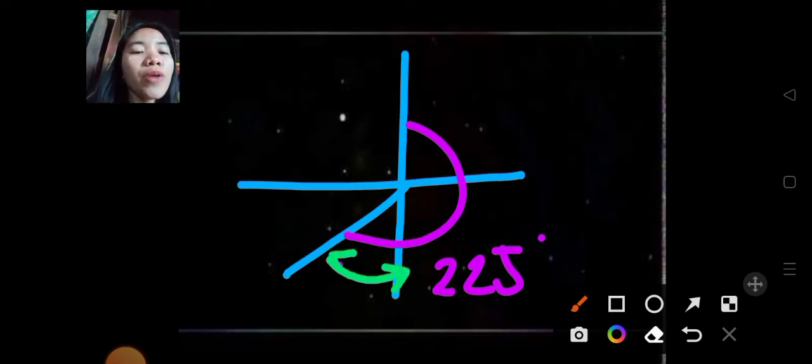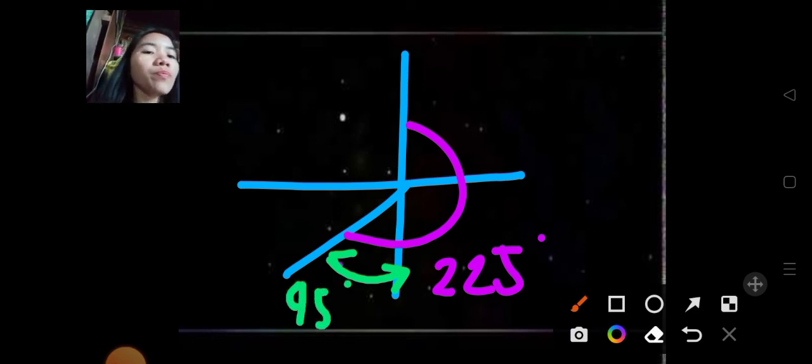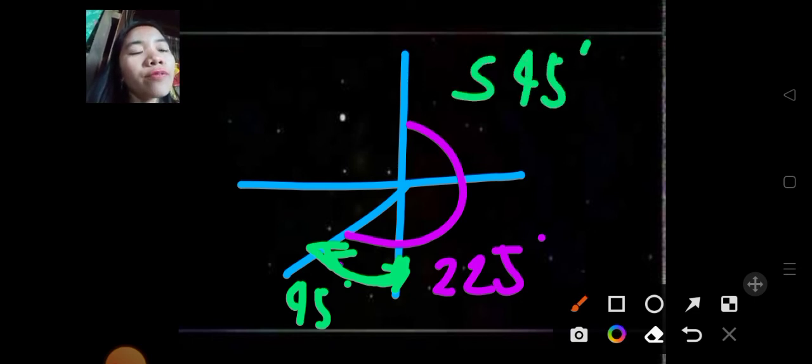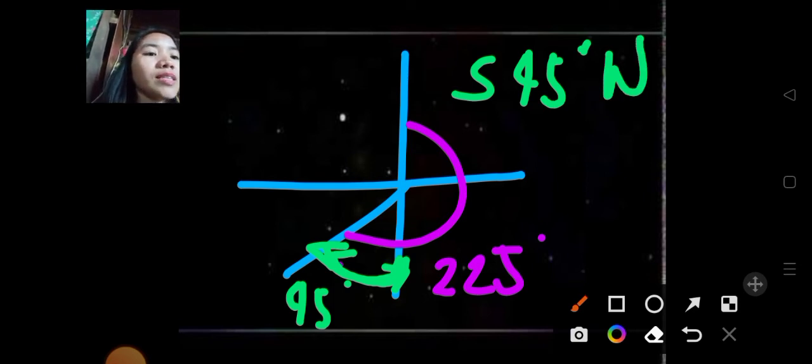This is our bearing, which is 225 degrees minus 180 degrees. The result is 45 degrees. So, from south to west, it will be south 45 degrees west. That is our bearing.